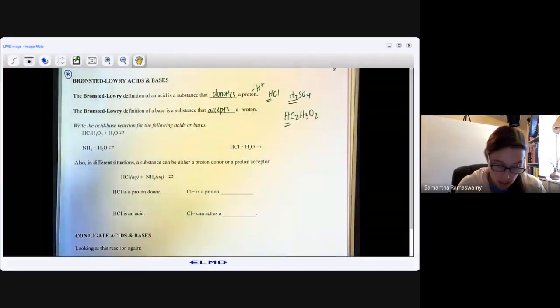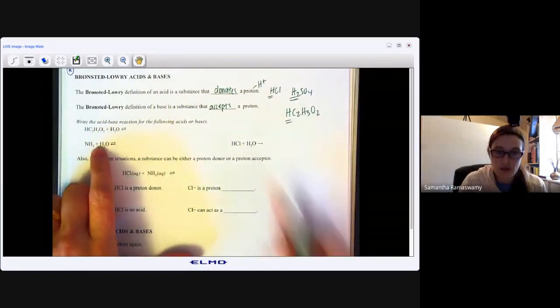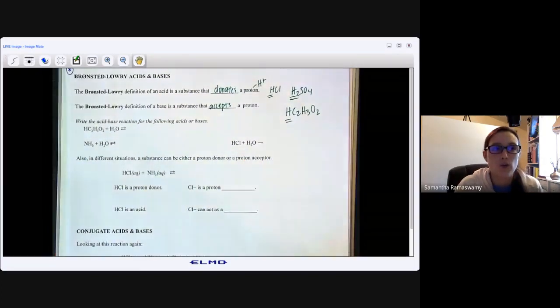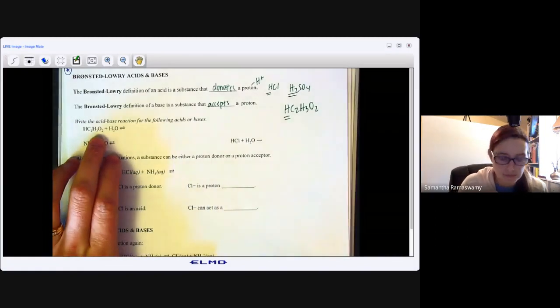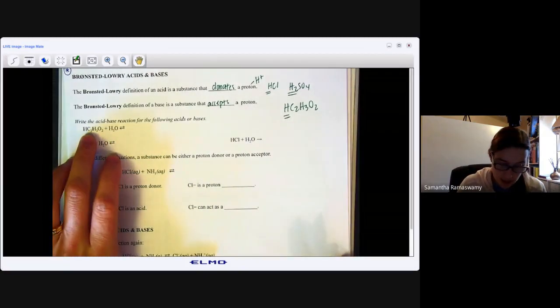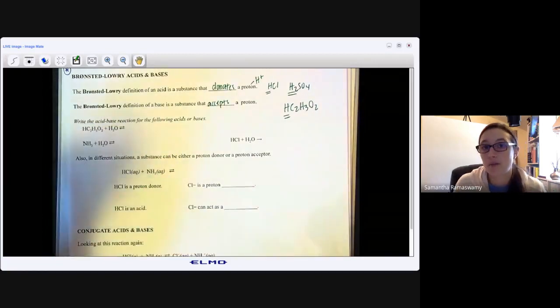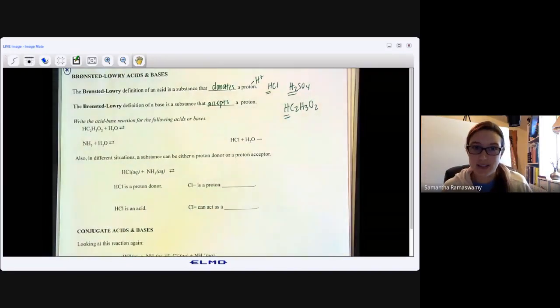For example, here are sample acid-base reactions, and it says write the reaction. If you have to write the products, you want to look and see: what is my acid, what is my base, and what would that mean? HC2H3O2 is acetic acid. More than likely the prompt would say acetic acid, and if it has acid in the name, it's an acid.